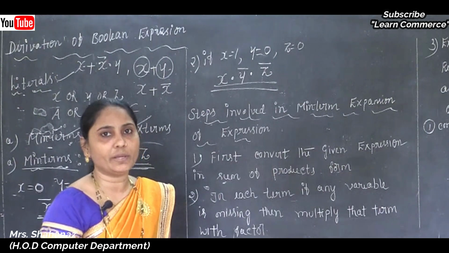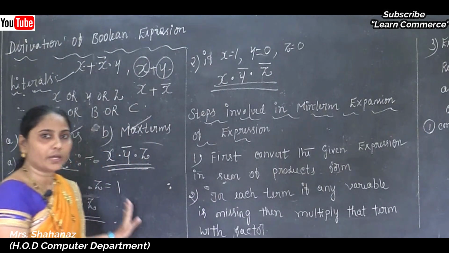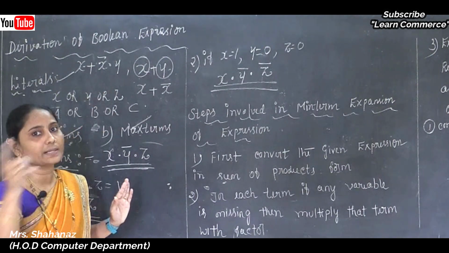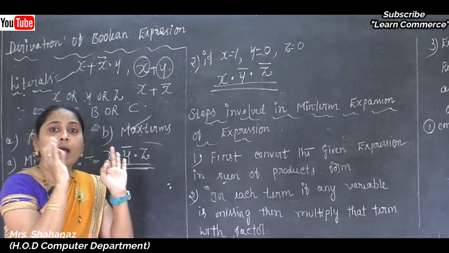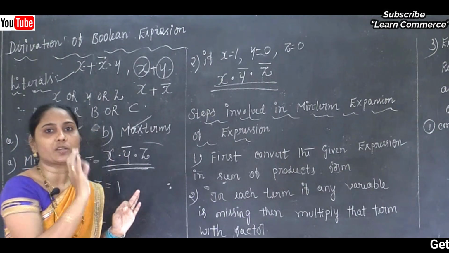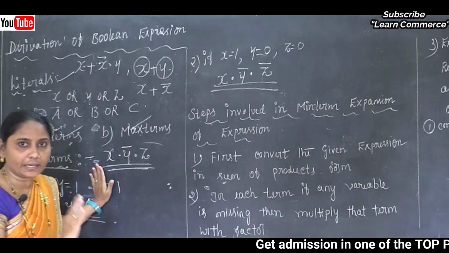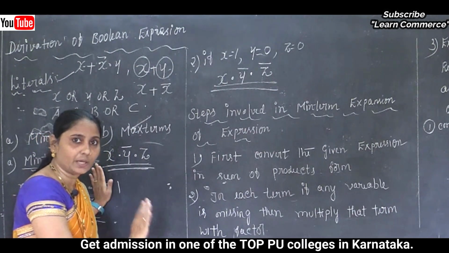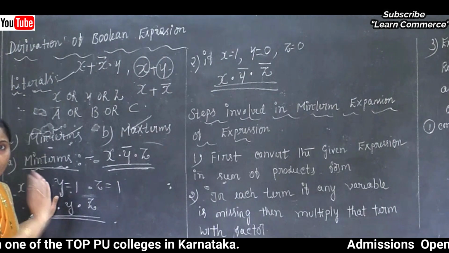So, the meaning of the Minterm. The Minterm is a product of all the literals. Product means you know how we are going to read x and y and z. Clear this point? A dot symbol is there after each variable. So a Minterm is a product of all the literals with or without the bar, where you take the complementation of the variable.